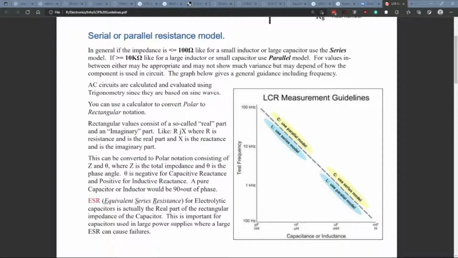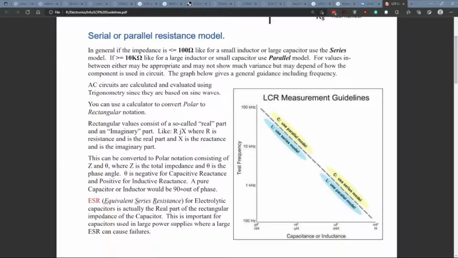Now for values in between, either one usually can be used, and there should probably be little variance between the two, but sometimes there could be some variation, and then you can apply these rules to select the right mode.